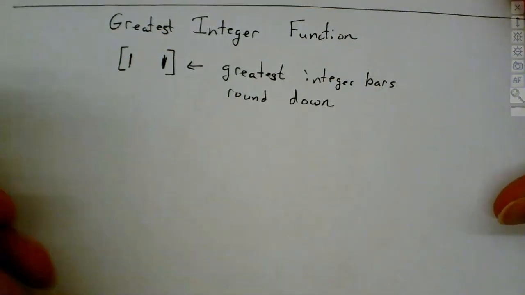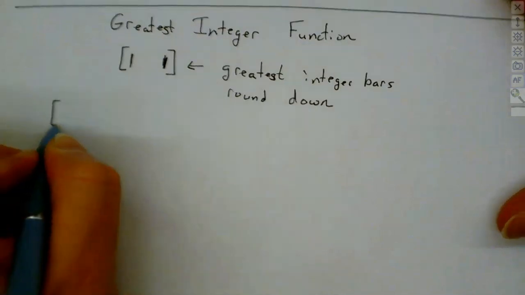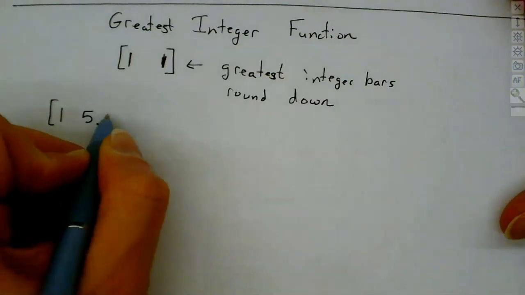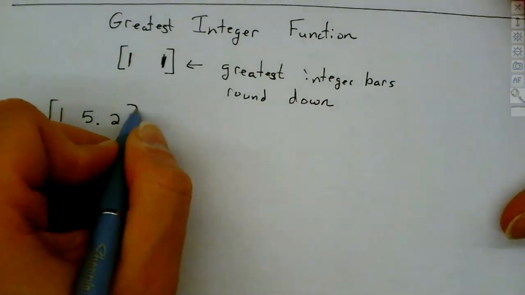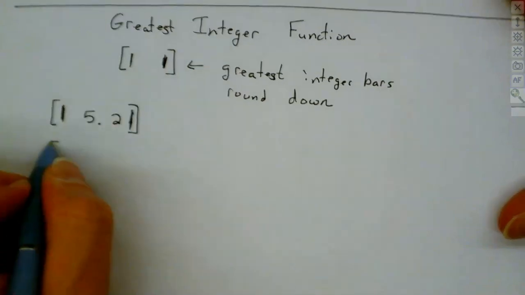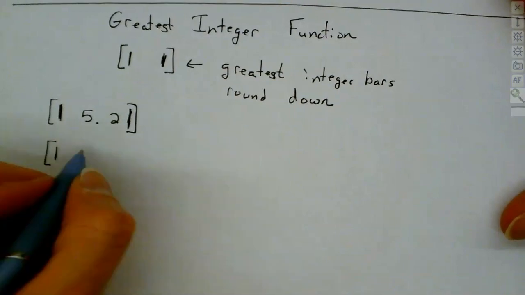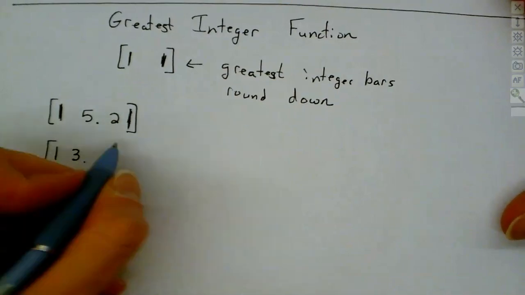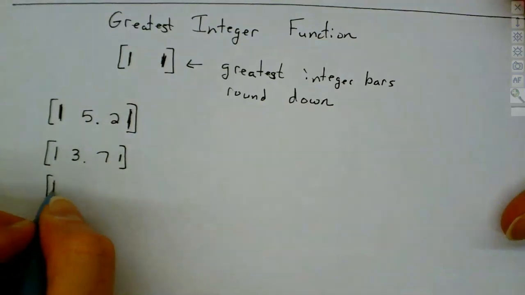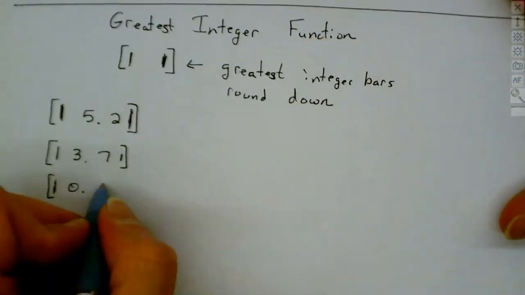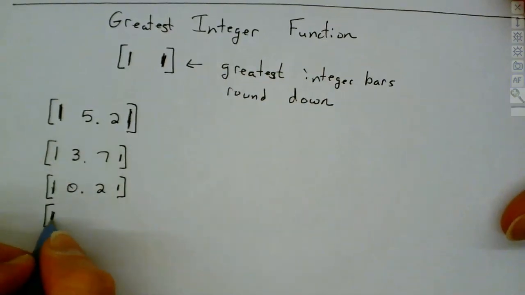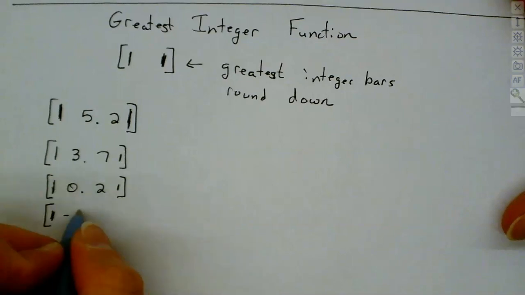So just so you understand what I mean by that, let's look at a couple of these. We're going to find the greatest integer of these. I'll give you a couple of these to work through. We'll talk about what these are and how they work. And all these are going to make you do is round down.